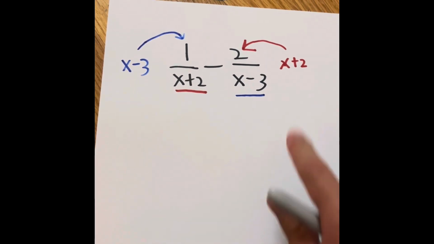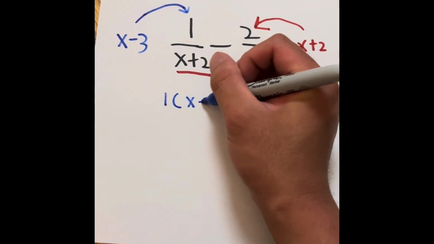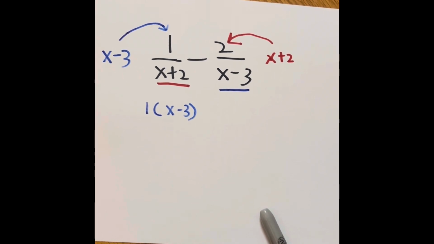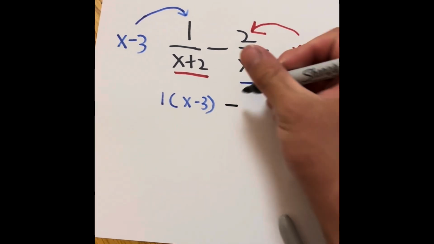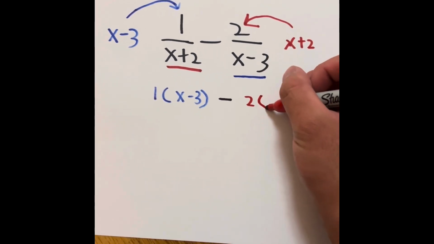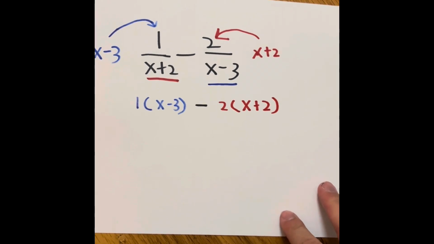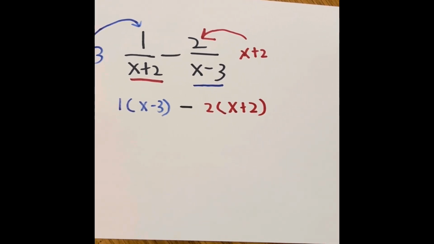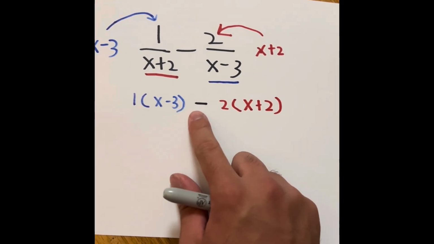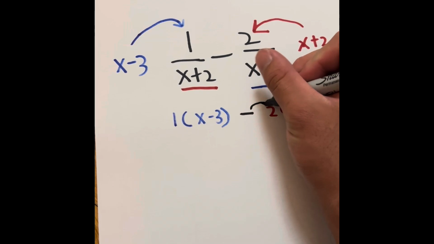So here is what's going to happen. 1, parentheses, x minus 3 is our blue equation. And now we have to subtract that by 2, parentheses, x plus 2 as our second equation. So let's try to see what happens. We have a negative 2 because the negative 2 is going to tag along with the 2.